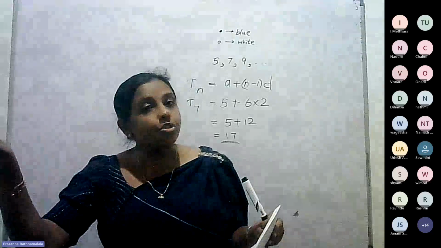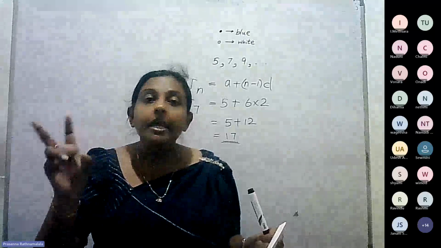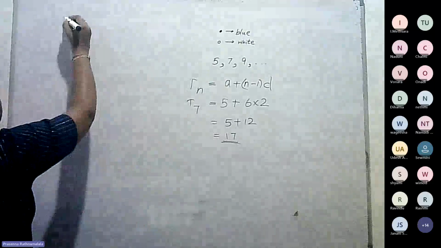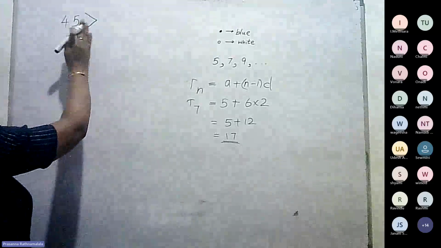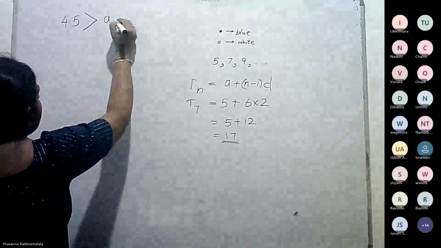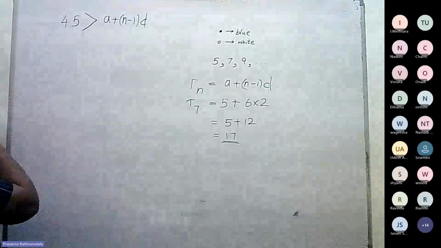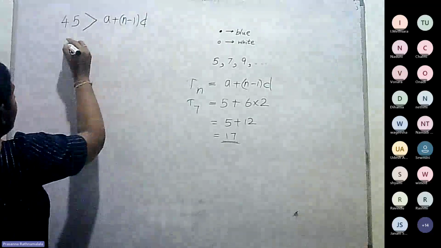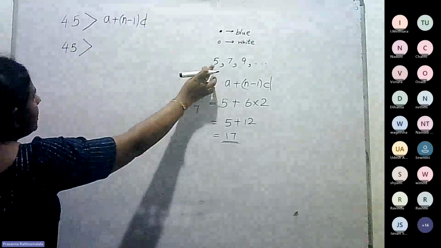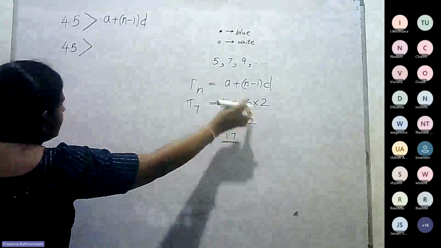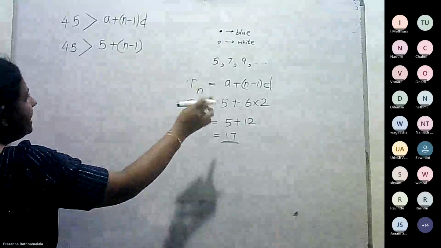Now the number of students is less than 45. Then how do you write the inequality here? That is always smaller than 45. a plus n minus 1 b. Now you can find the value of n. 45 greater than the first term of this arithmetic progression, which is 5. Then we already substituted: 5 plus n minus 1, b is 2.